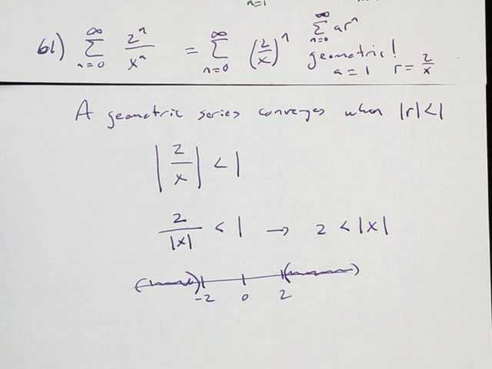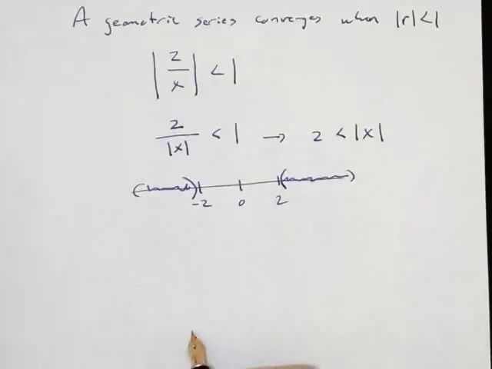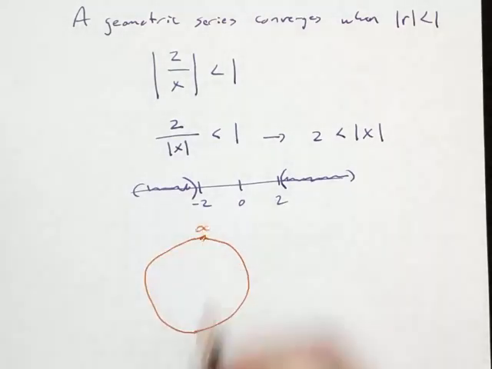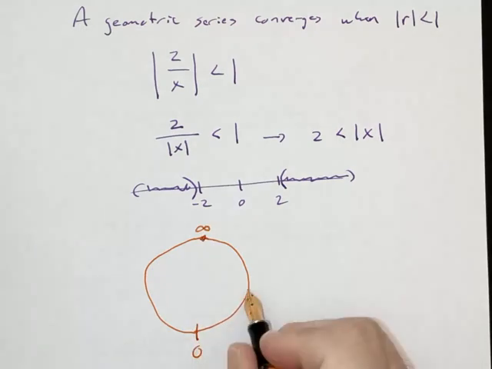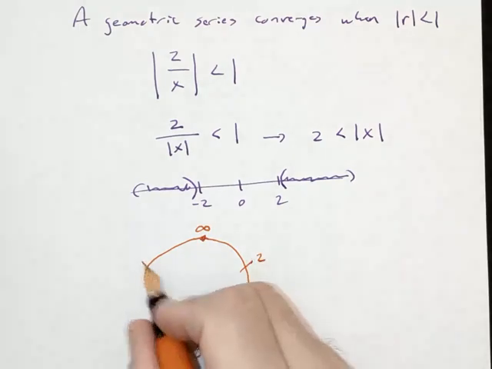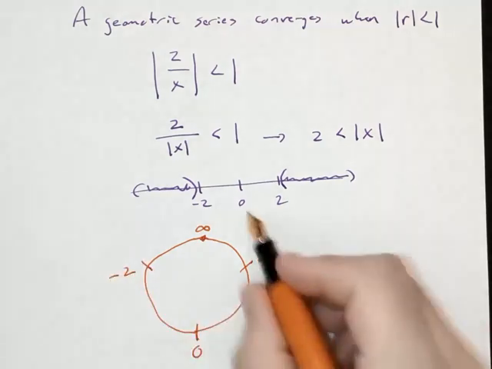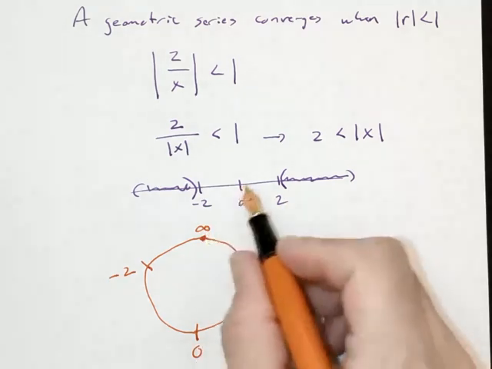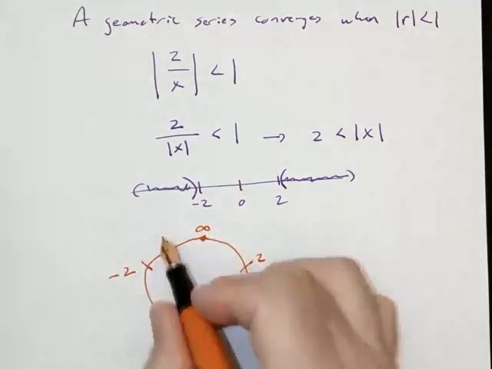There's my point at infinity. So the right side of the number line is the right side of the circle. The left side of the number line is the left side of the circle.